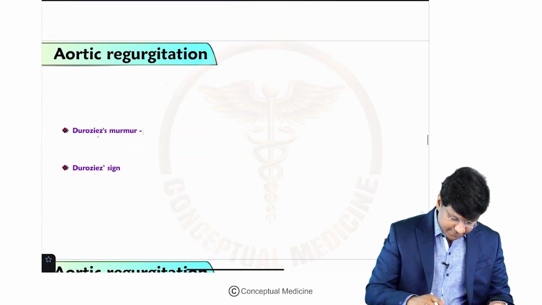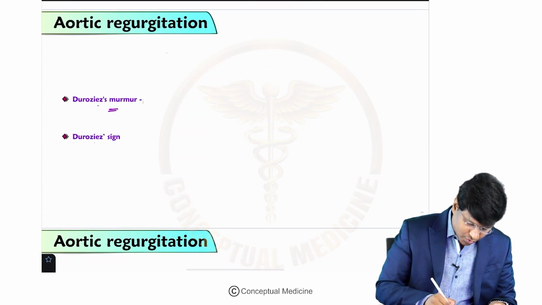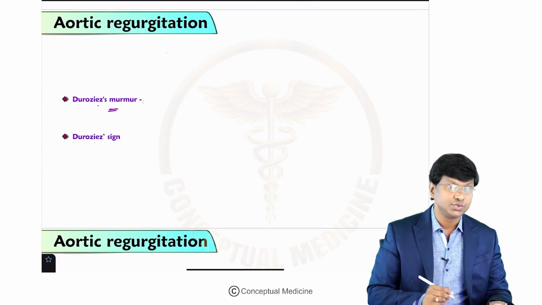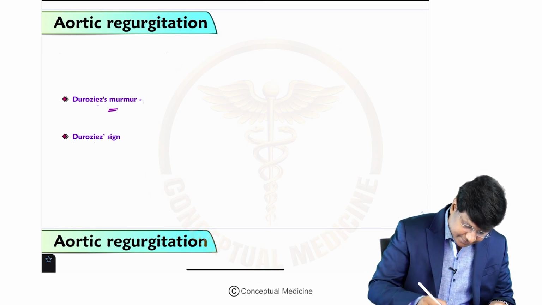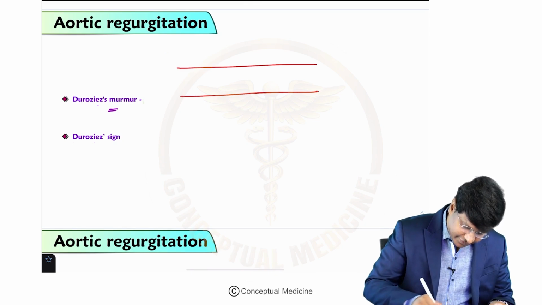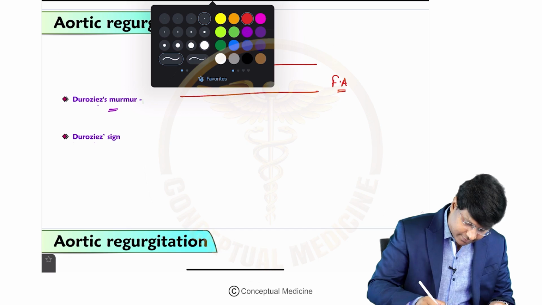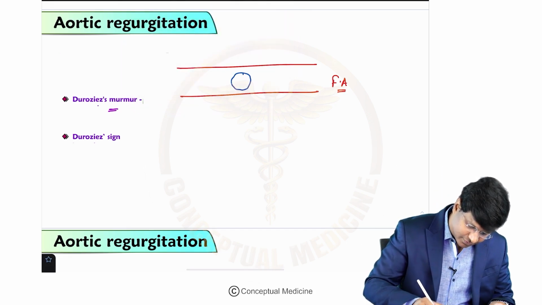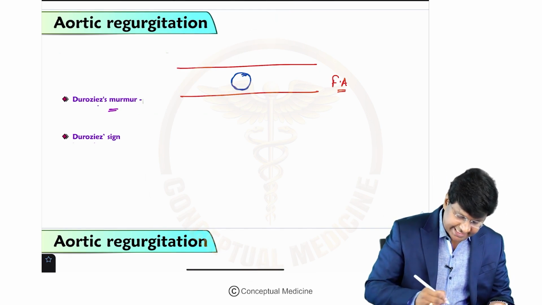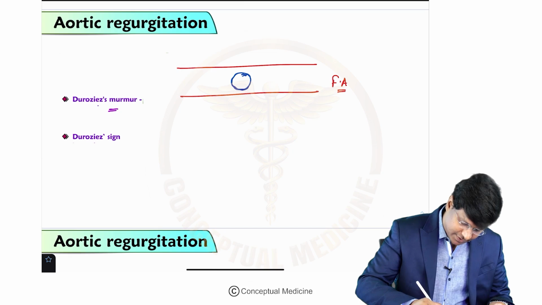We have what is called Duroziez's murmur. Now, what is this Duroziez's murmur? Let me discuss. Please consider this is the femoral artery, and over the femoral artery, you place the diaphragm of the stethoscope.